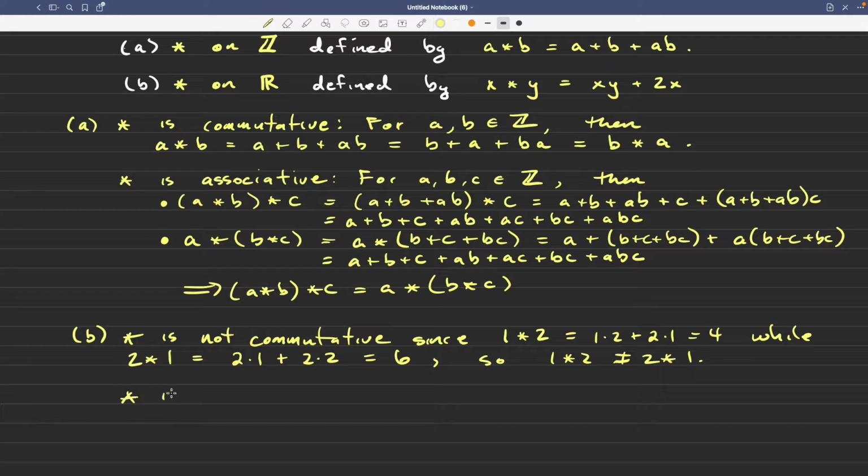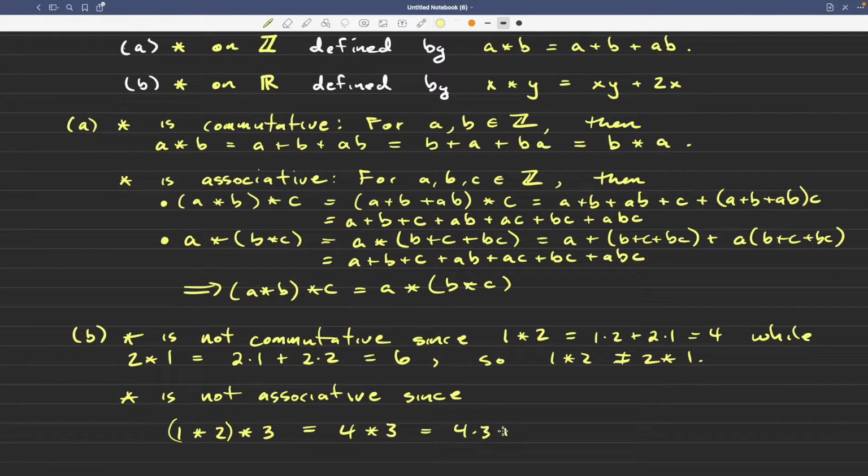And star is not associative since, well, if we did, maybe (1 star 2) star 3, 1 star 2 we just calculated a second ago, that came out to be 4, so this is the same as 4 star 3. So that will be 4 times 3 plus 2 times 4, so that's 12 plus 8 is 20.